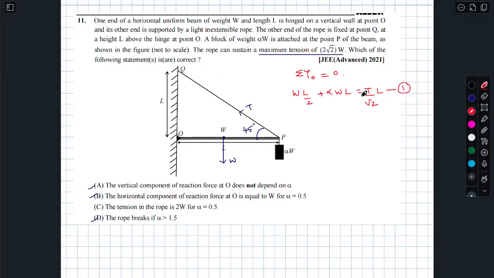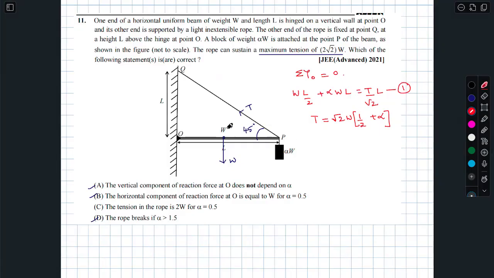From this I can confidently say that T is root 2 times W into 1 by 2 plus alpha. That's what you have. If I take the torque about P, for example, no, 1 minute. We will have two reaction forces here again.